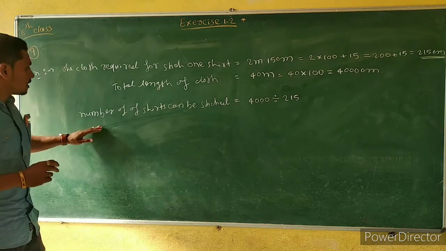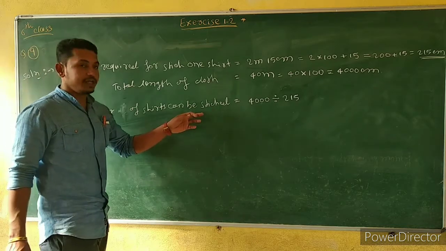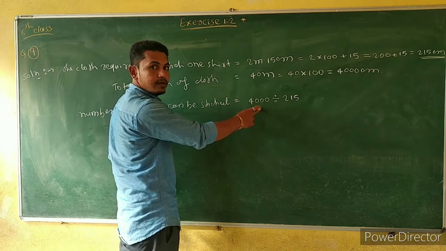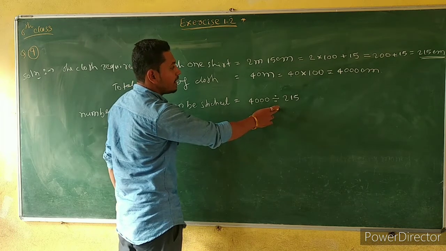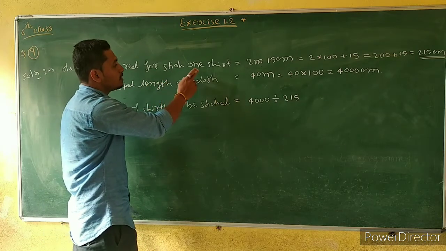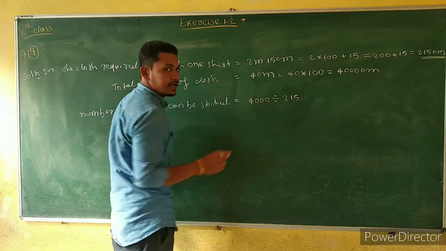So the number of shirts that can be stitched is equal to 4000, the total length of cloth, divided by the cloth required to stitch one shirt. One shirt needs 215 centimeter.